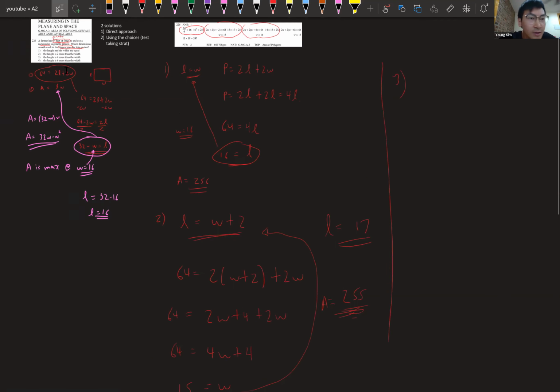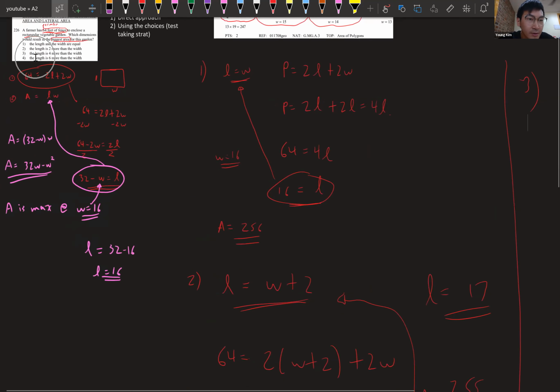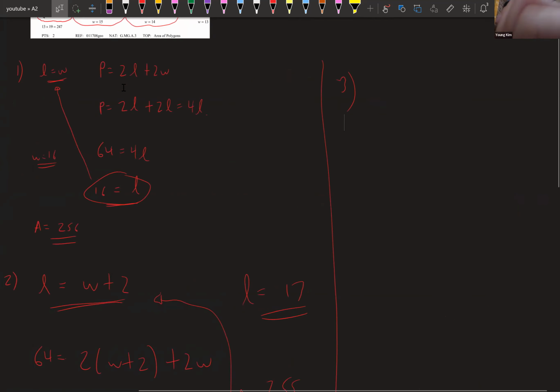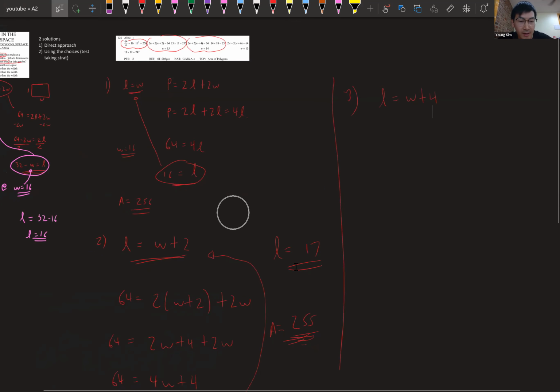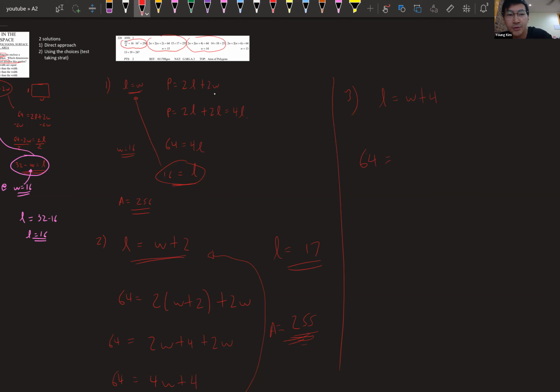Okay, now choice 3. Hopefully we don't botch this up. All right, so 3 is saying the length is 4 more than the width, so that means that L is equal to W plus 4, and you run it back in here into this formula. So I'm going to substitute W plus 4 into L. In the perimeter 64 again, 64 is equal to 2 times W plus 4, plus 2W.